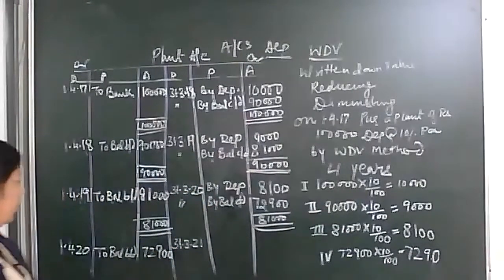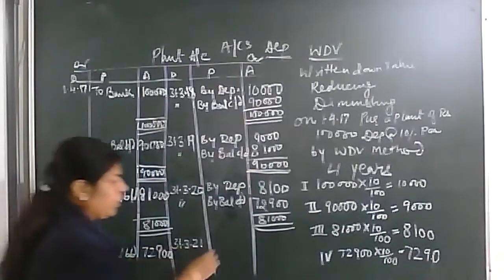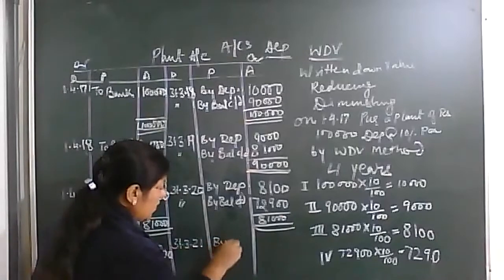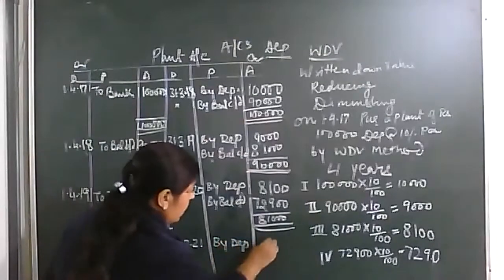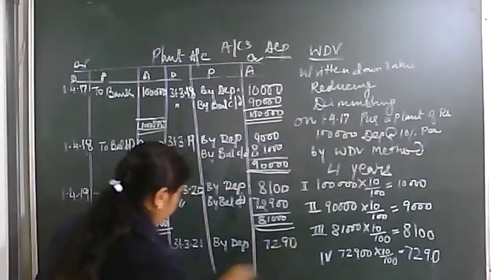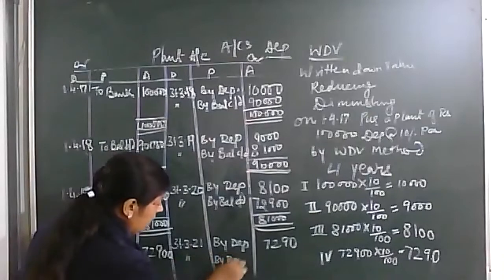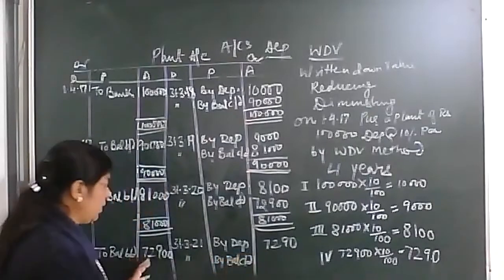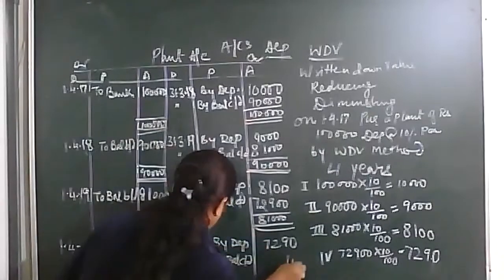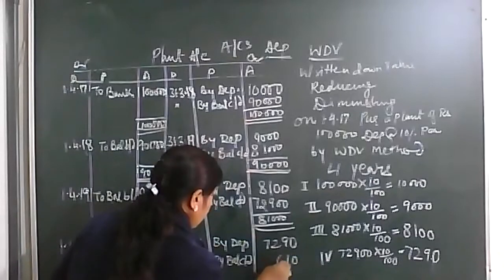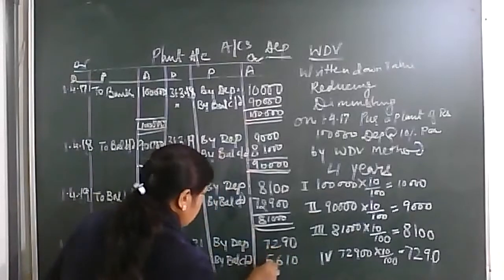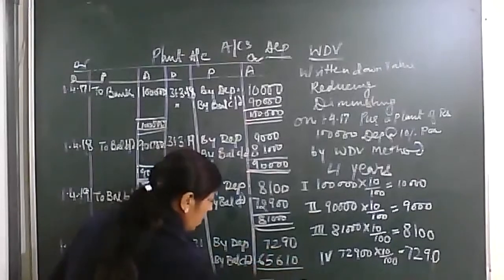March 21, the amount of depreciation is 7290, same rate, by balance CD, and this minus this, 65610.